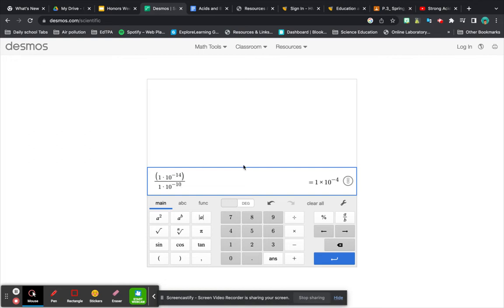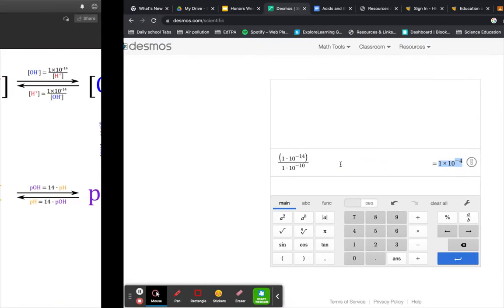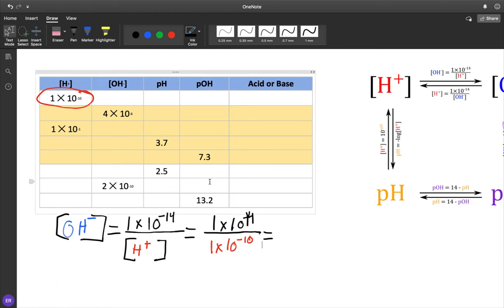Okay, so that is our calculation. And then if we press enter, our answer right here is 1 times 10 to the negative 4. So our concentration for OH is 1 times 10 to the negative 4.